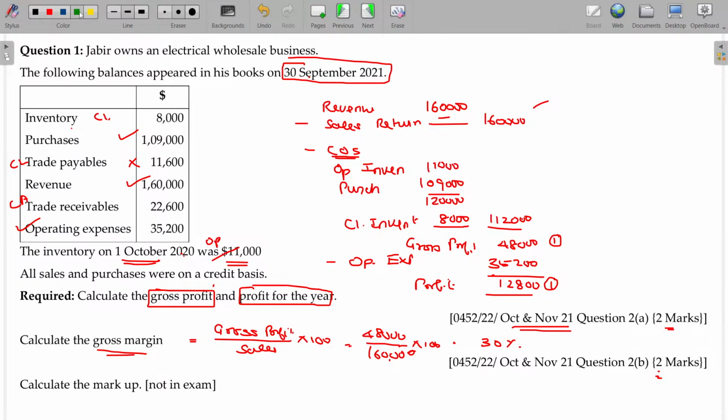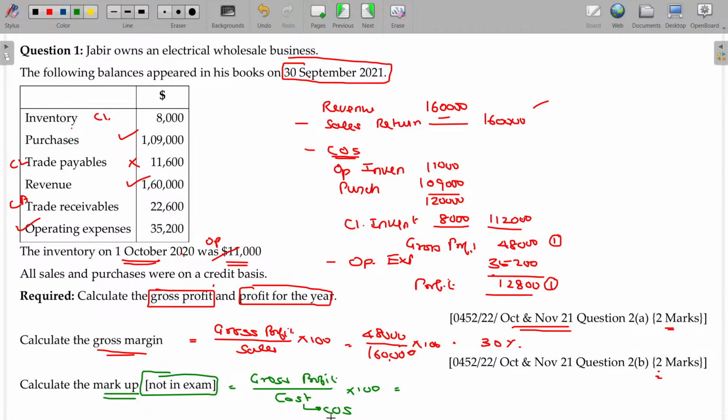Let me now find out the markup also. It was not asked in the exam, but you need to understand the difference between markup and margin, so I will calculate this for additional learning. Here the formula is gross profit. In case of markup, we calculate based on the cost. Cost means cost of sales.